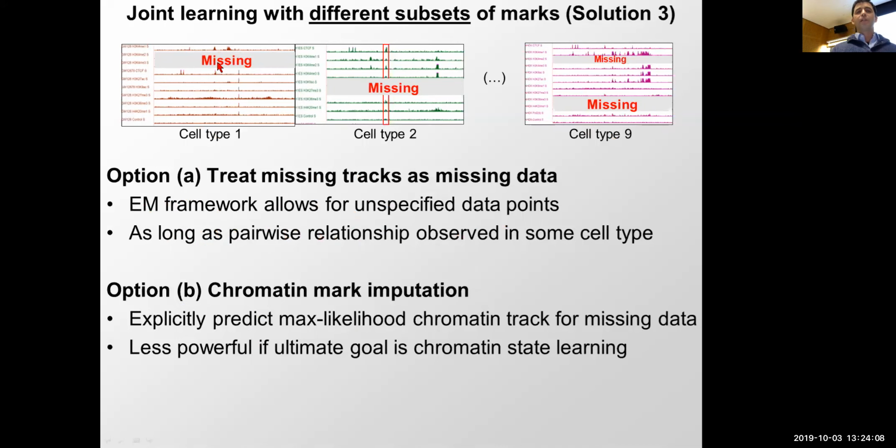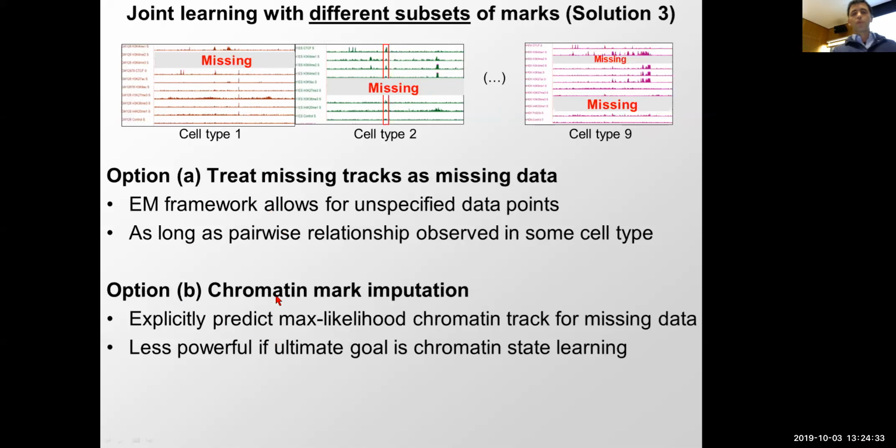Each possible value of that data is weighted according to the remaining data that you have observed, and therefore you sort of learn a joint model. In practice, this works quite poorly. And the reason is that there's just simply not enough information across these different marks to learn it using this linear model that this multivariate HMM assumes.